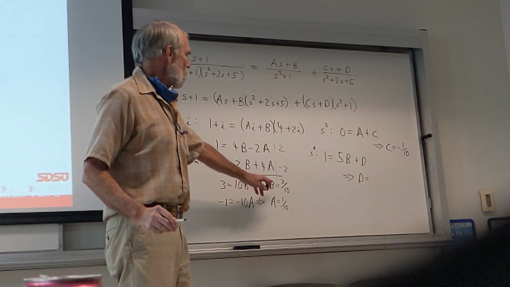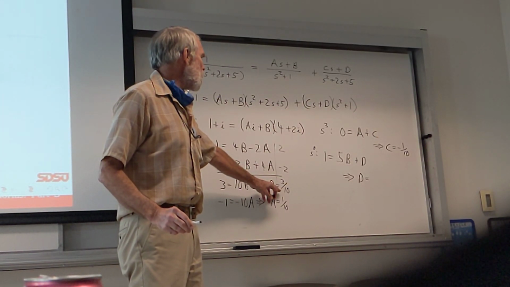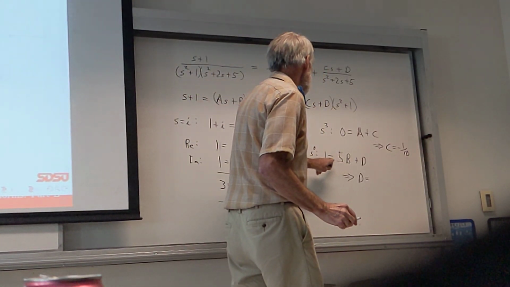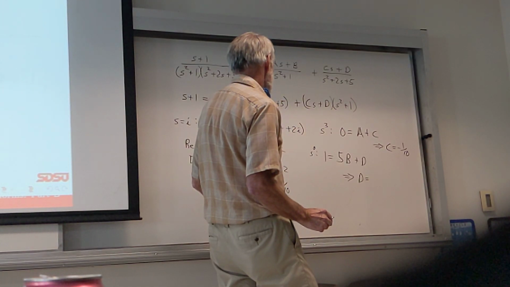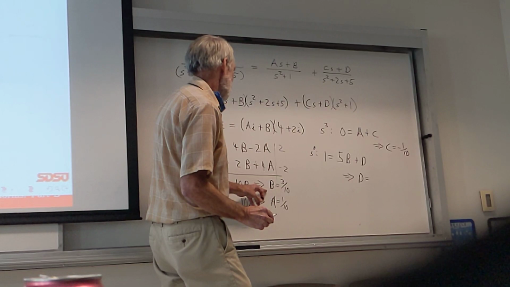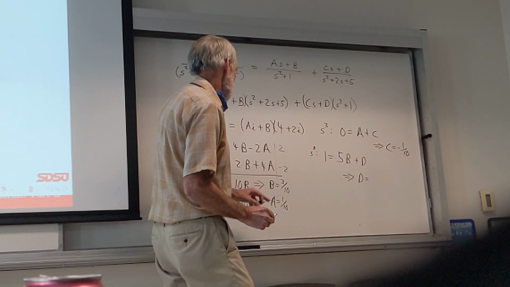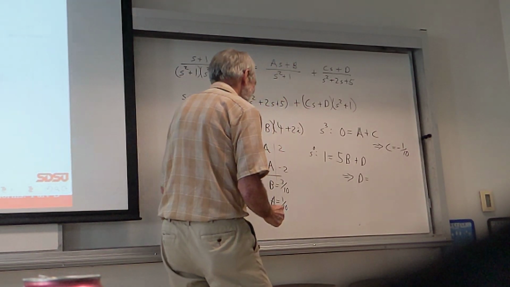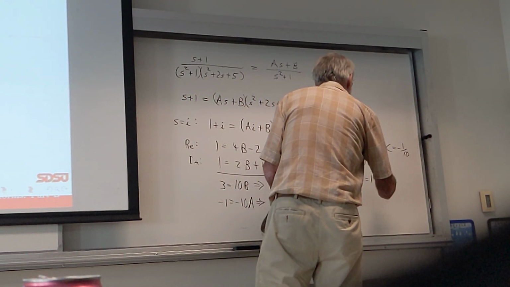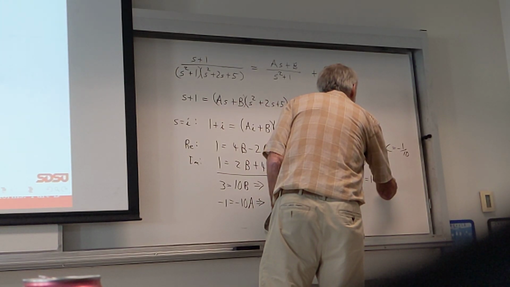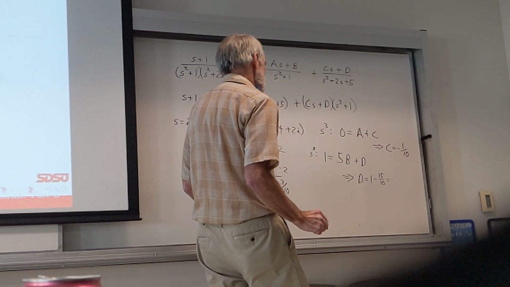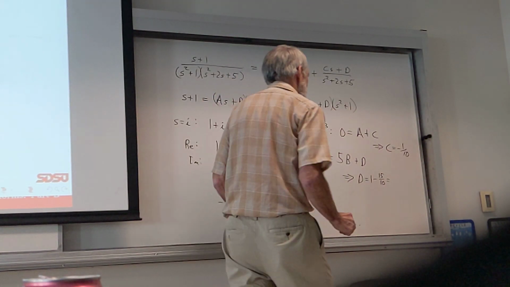Remember, b is 3/10, so 5b would be 15/10. Subtract that from 1, negative 5/10, so negative 1/2. My bad. It's going to be equal to 1 minus 15/10. Looks to me like minus 1/2.